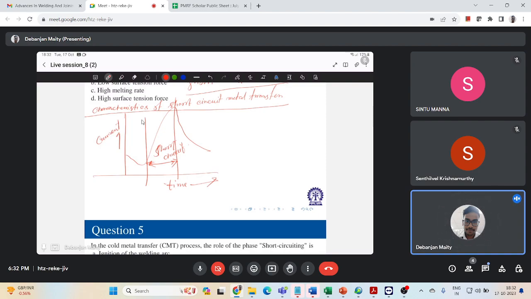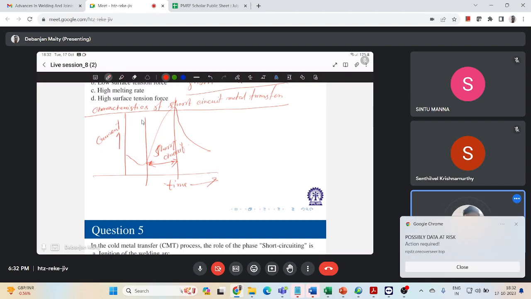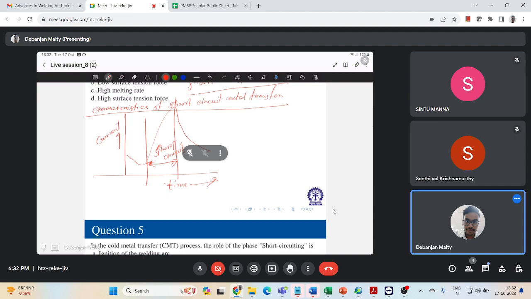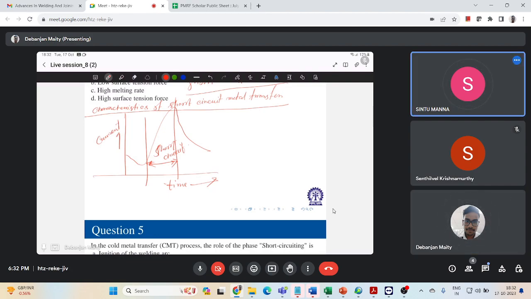So this will ensure some intricate shape and a smaller heat affected zone during the process. Have I answered your question? Yes, sir.